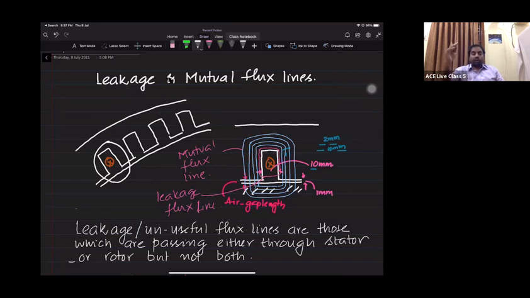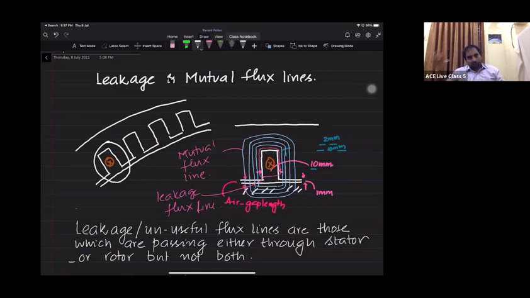How? 1 mm from stator core to rotor core, and again 1 mm from rotor core to stator core. Altogether, 2 mm. So the magnetic flux line finds two ways: along one way 10 mm, along the other way 2 mm. So these flux lines will try to take the 2 mm path. That means they cross the air gap and complete the path via the rotor core.